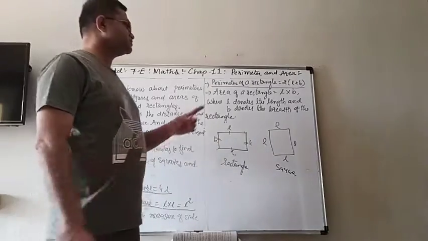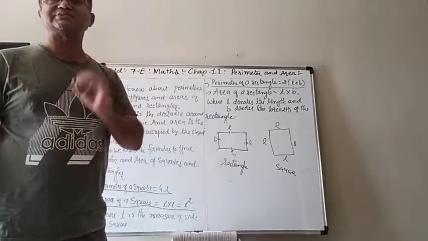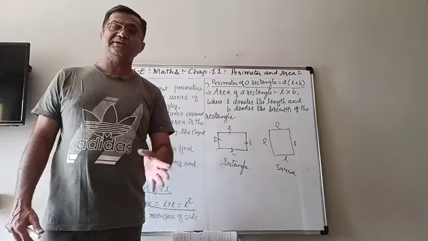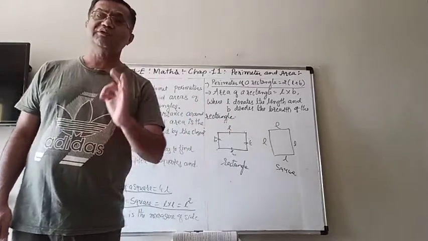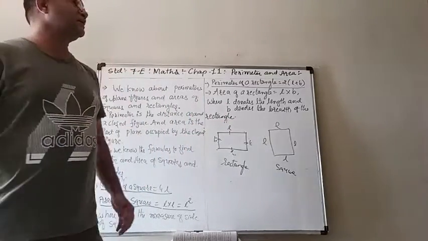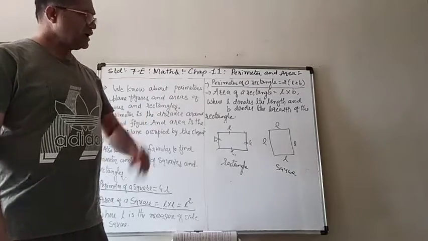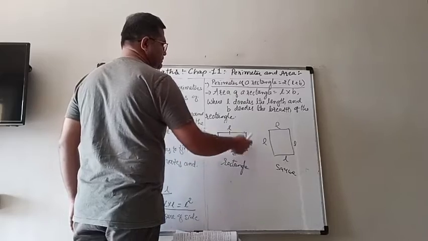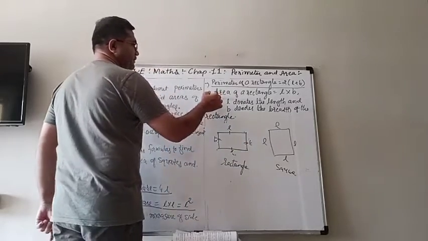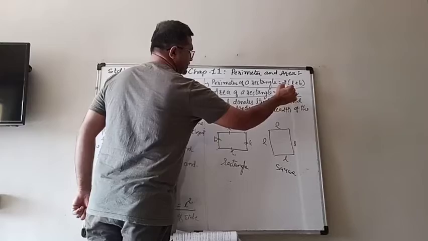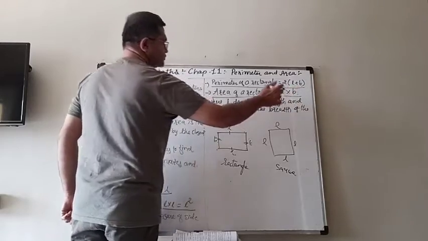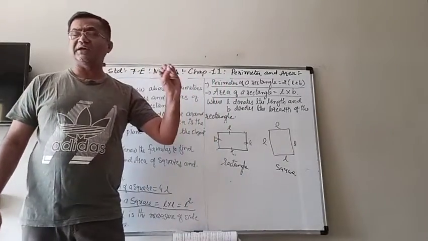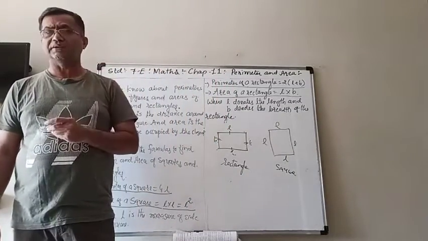So the perimeter is given by 2 times (L plus B), where L, as I told you, is the length of the rectangle and B is the breadth of the rectangle. Area is length multiplied by breadth. So the area of a rectangle is equal to L multiplied by B. So here we get the two formulas, one for the area and one for the perimeter of a rectangle.